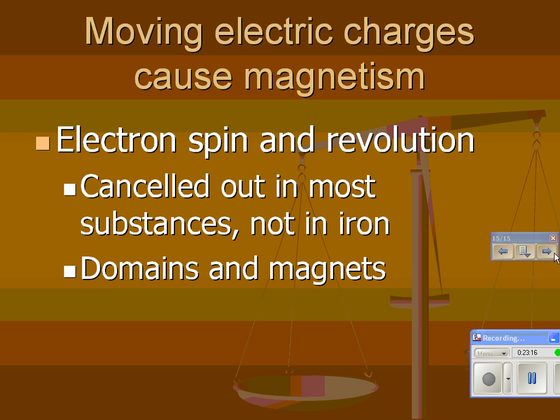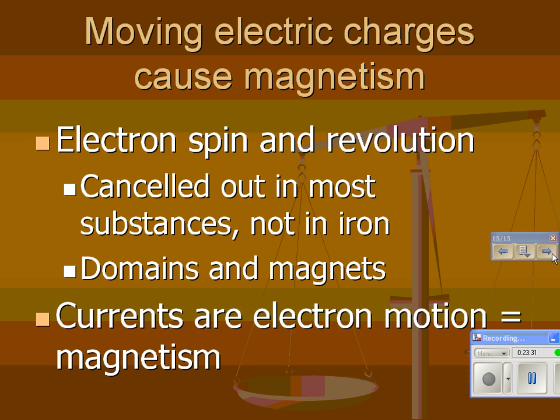Those little bitty magnetic fields, we tend to call them domains. They work more on the level of a region of an object rather than on an individual atomic level. We call those domains. And current electricity is just moving electric charges, and that's why it generates a magnetic field. When you have current flowing, you have moving electric charges, and a magnetic field gets generated.